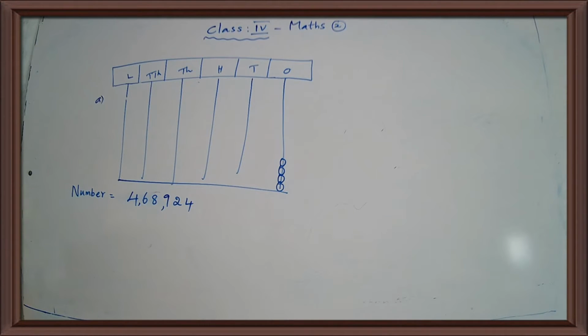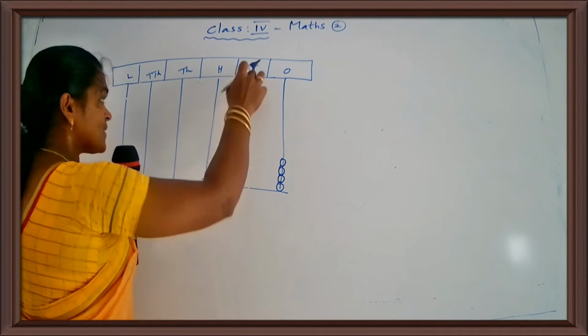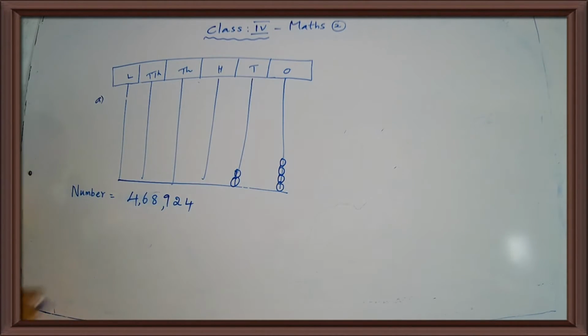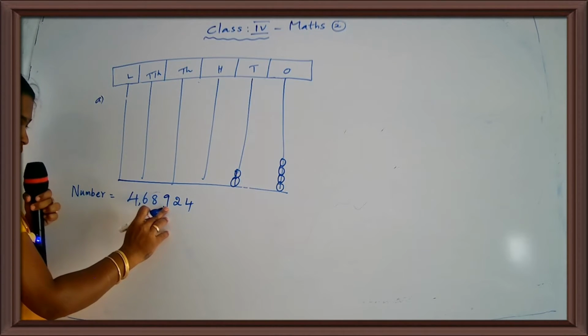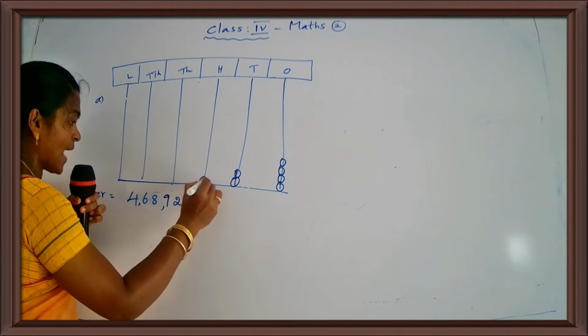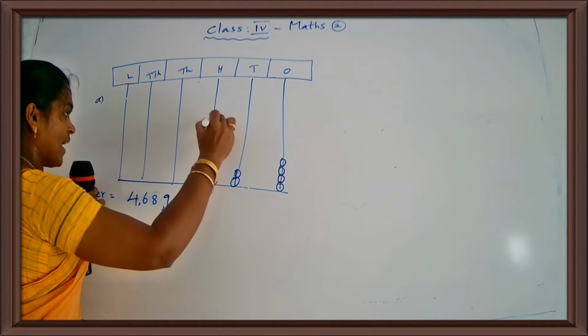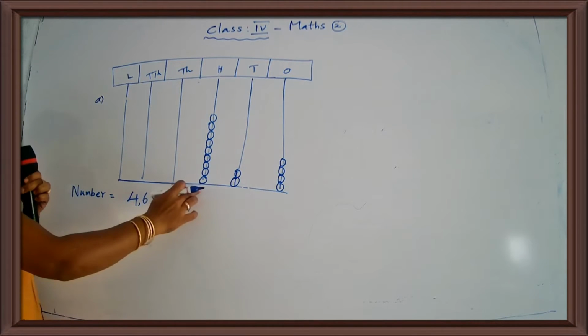Now in your number the tens place has 2. So 2 beads, 1, 2, in tens place. And hundreds place, 9 beads. 1, 2, 3, 4, 5, 6, 7, 8, 9.